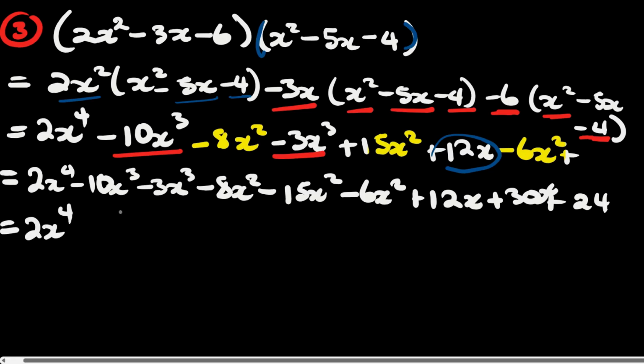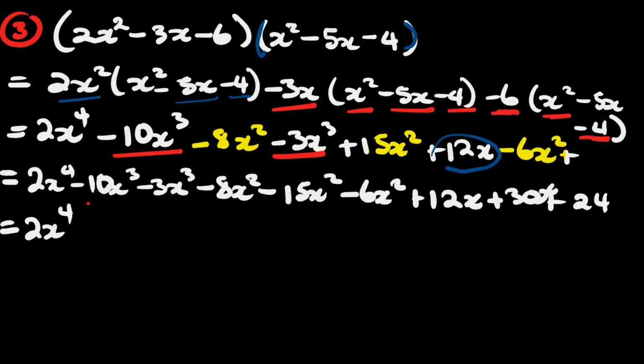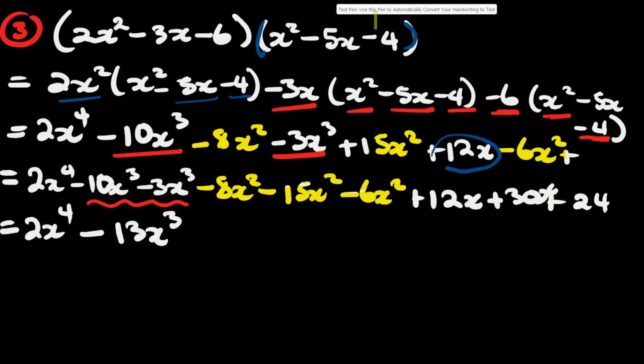So now we use our answer. 2x to the power 4. Dealing with the first part here, we get negative 13x to the power 3. Coming to the second part of like terms, we get 8 plus 15, we get negative 23.